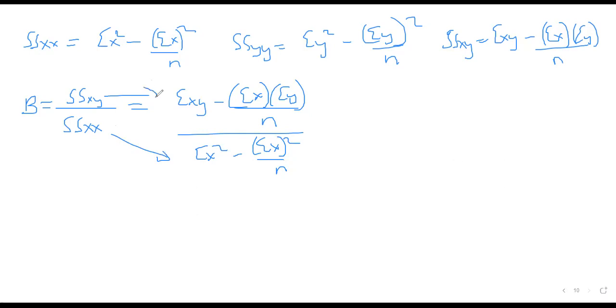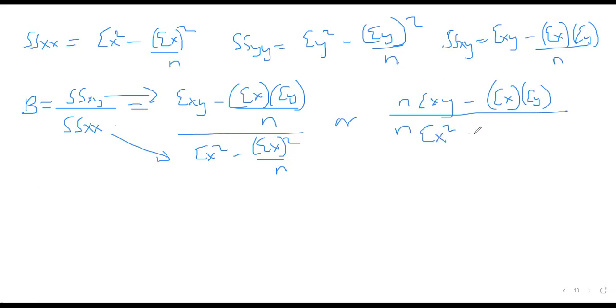And this is xy. Or other books will just bring it as follows: n, x, y. They just bring the n in front, x and y divided by n x squared minus x to the power 2. This is all the same formula.